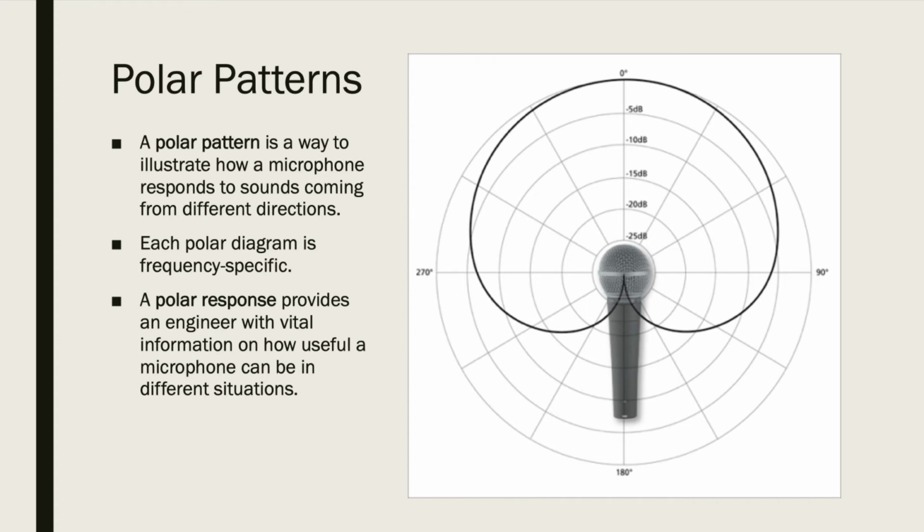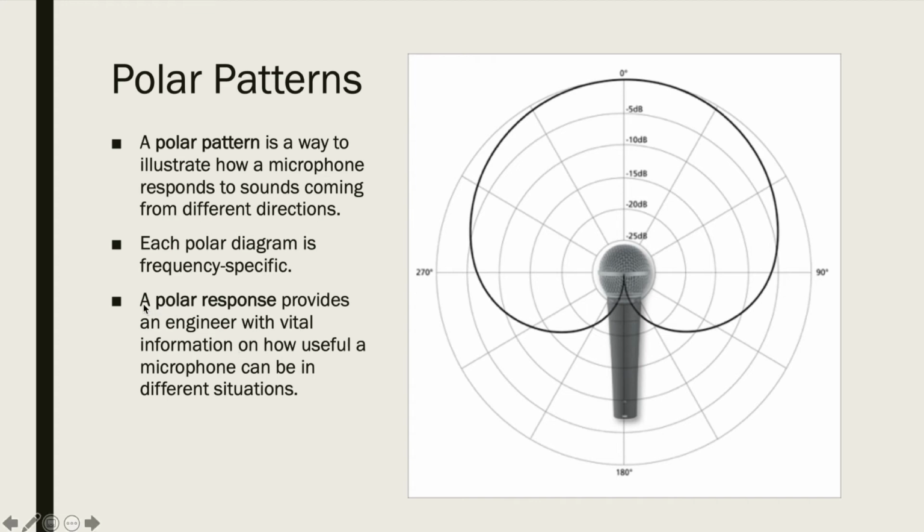So each polar diagram is frequency specific. So if you're looking at a polar diagram like this, this black line is probably more in line with the around 1000 hertz area, and the response of that will alter slightly depending what frequencies you're looking at and the type of microphone, etc.